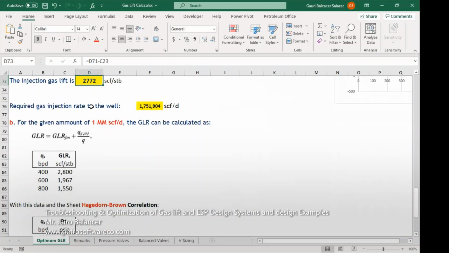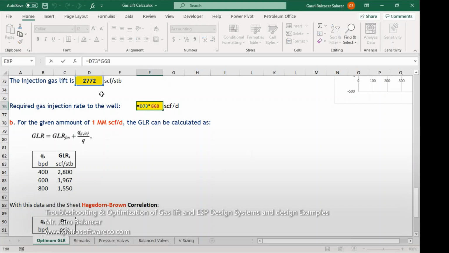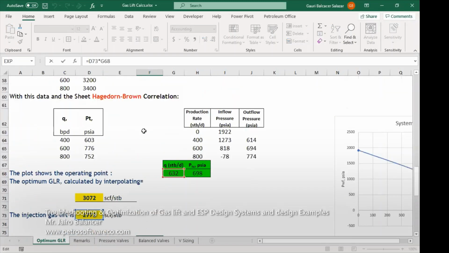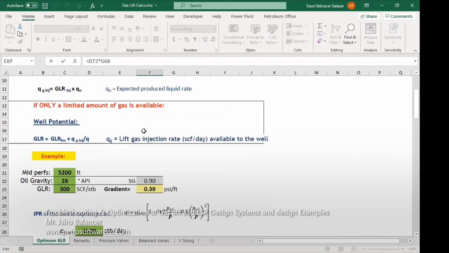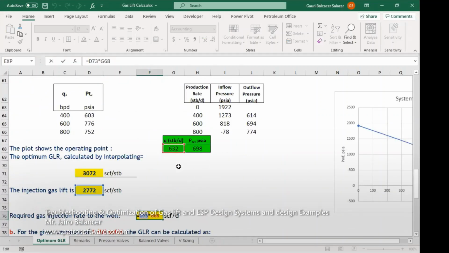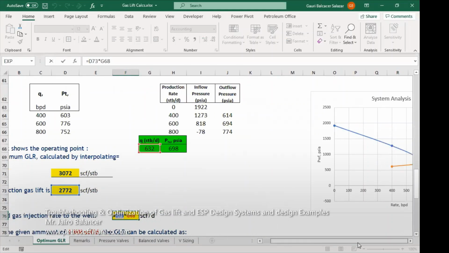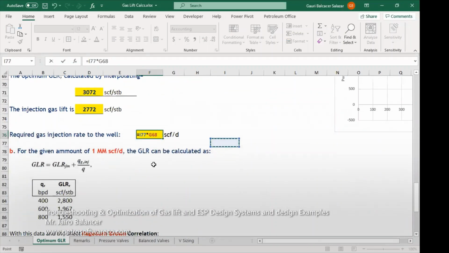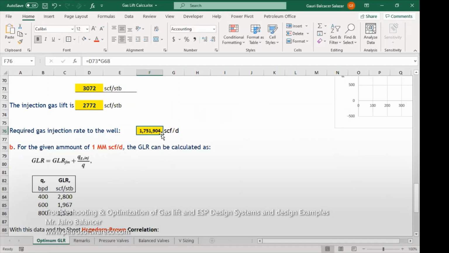So the required gas injection to the well is basically the injection gas lift times the ideal rate, which is given from the intersection right here. So again, this is for the case of unlimited amount of gas available.